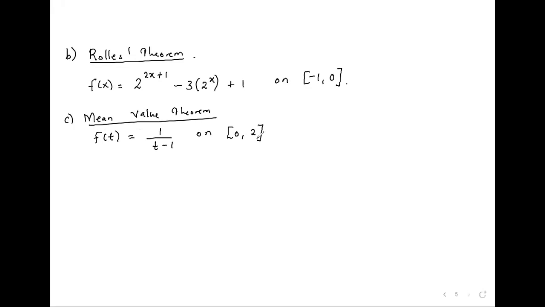For each case, find c after you have checked that the theorems are satisfied. Have you found the answer? You can post in the group for others to comment, to compare what they will find.